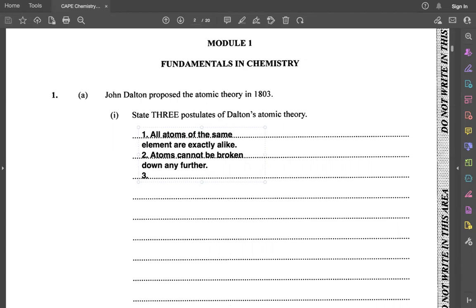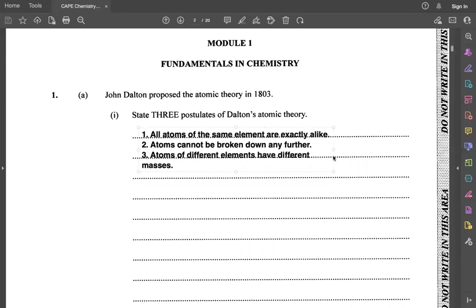He also postulated that atoms of different elements have different masses. Okay, so just to recap, all atoms of the same element are exactly alike.